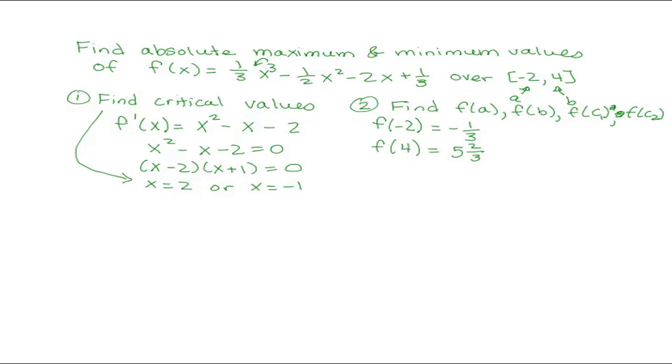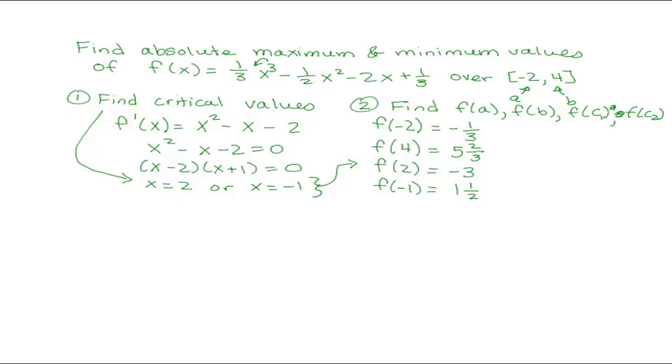That's fine, too. We also want to find the f values at our critical points. f of 2, I found, was -3. And f of -1 will be 3/2, or 1.5 as a decimal.